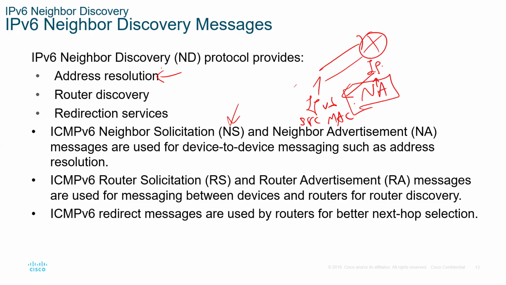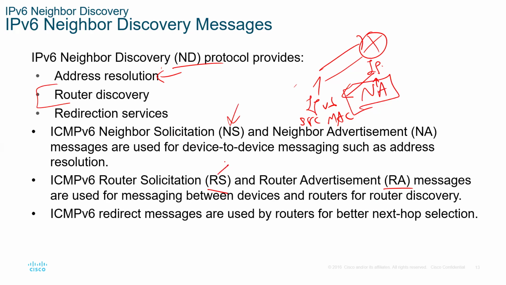Basically, that's it. Another function of the Neighbor Discovery Protocol, which is not about address resolution, is router discovery. In a network, how do routers know there is another router in the network? There's an exchange of messages: router solicitation and router advertisement.